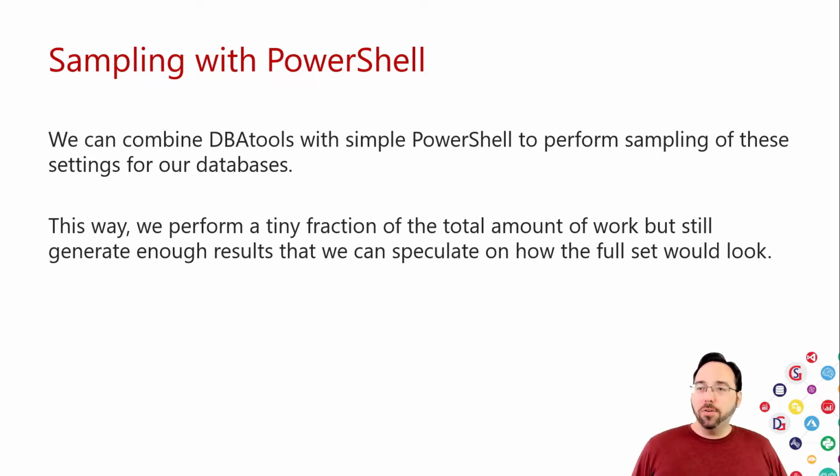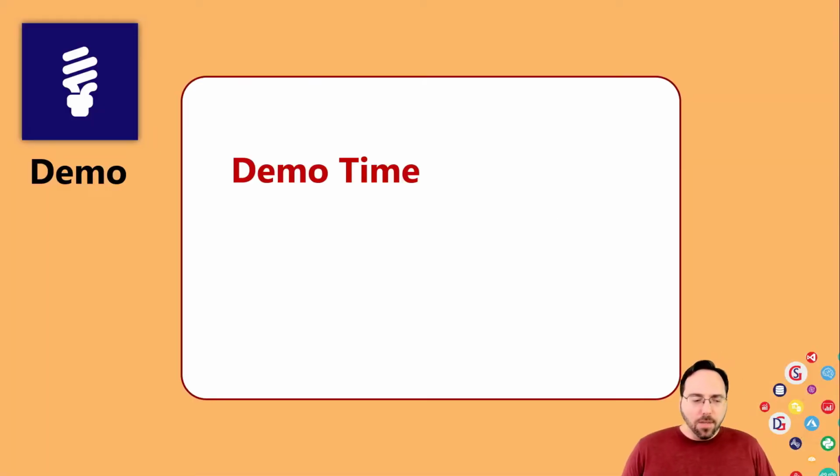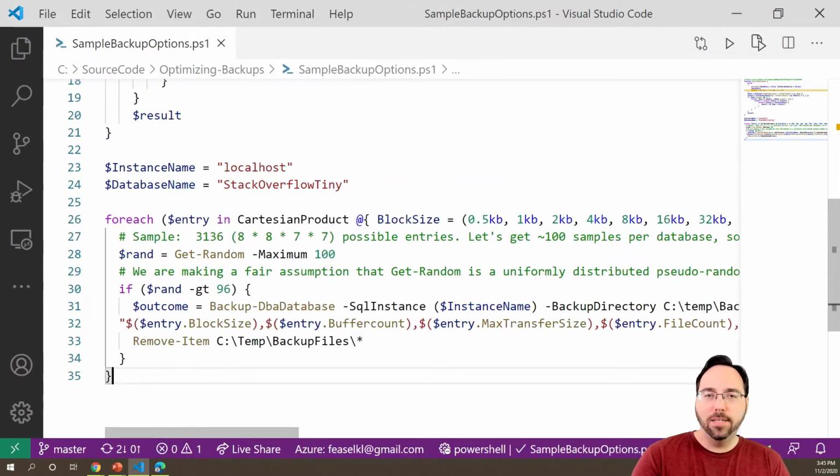I do a much smaller number, but still generates enough results that I will be able to apply data science techniques to the full data set. So let's take a look at that script. And I'm going to pull up Visual Studio Code that already has my simple backup options right here.